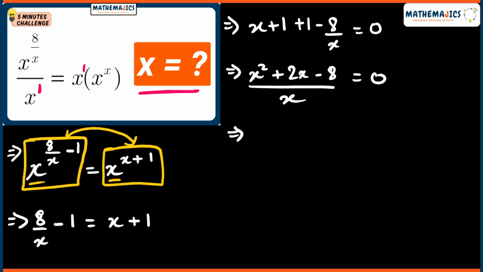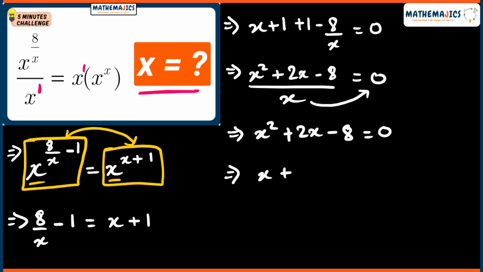If we simplify further, we will get x square plus 2x minus 8 is equal to 0. I took this x on the right hand side. Hereafter, we will go for middle term splitting. If we do middle term splitting, we will get x plus 4 and x minus 2 is equal to 0.